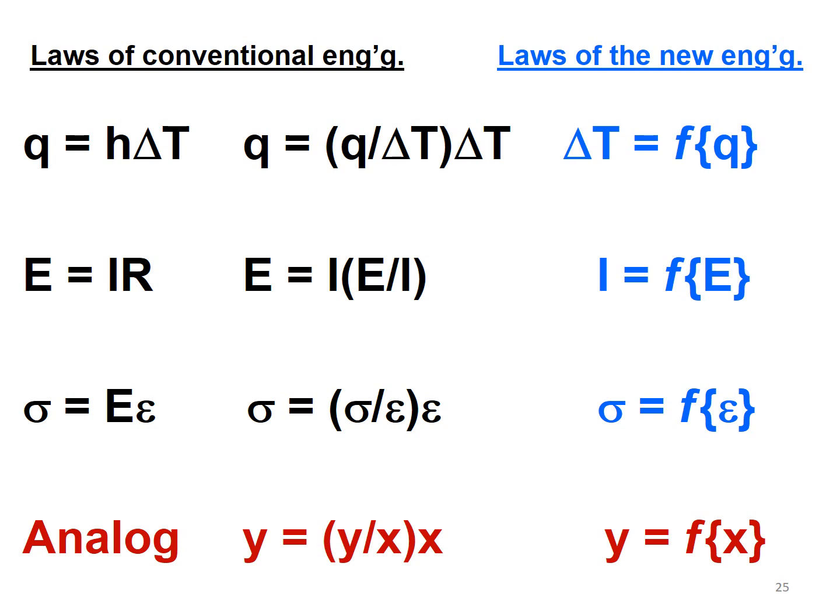These equations are laws in the new engineering because they are always obeyed. They are dimensionally homogeneous because the parameter symbols represent numerical value but not dimension. For example, the first equation says that the numerical value of temperature difference is a function of the numerical value of heat flux, and similarly for the other laws.